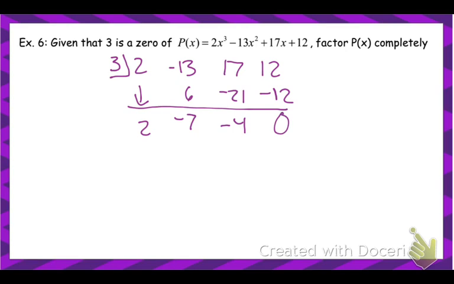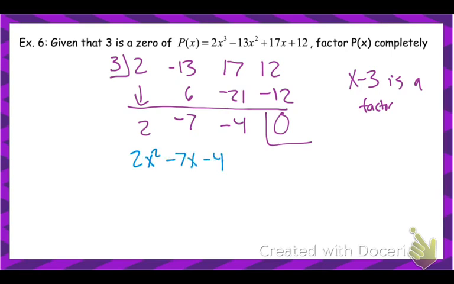All right, so I get 0 as a remainder. So since I get 0 as a remainder, that is proof that 3 is a 0. If 3 is a 0 of this polynomial, x minus 3 is a factor of that polynomial. Well, to get the remaining polynomial, I'm left with one degree less, a quadratic.